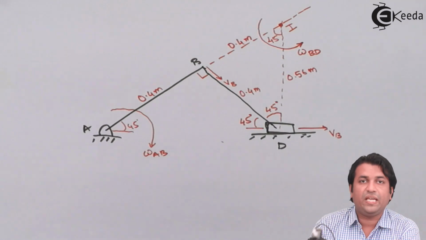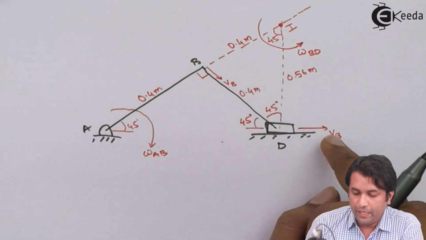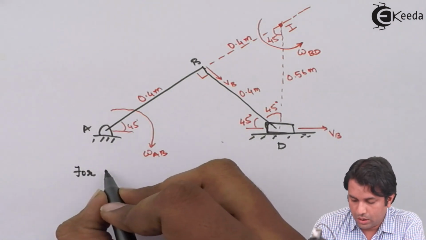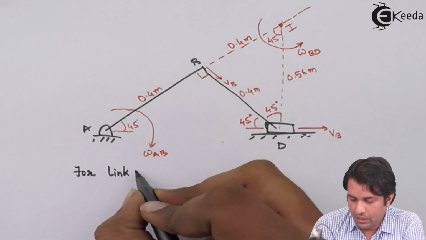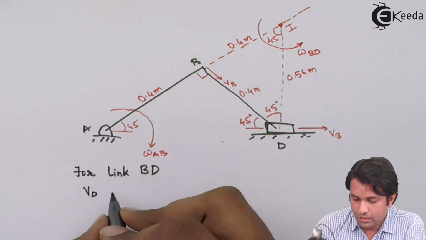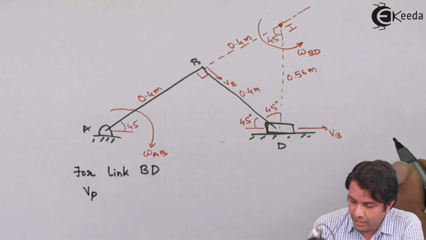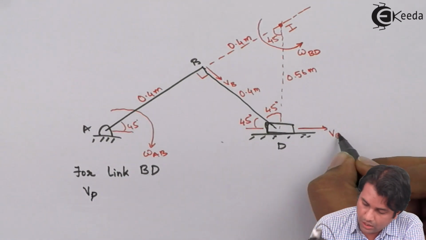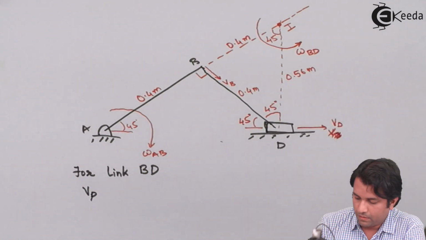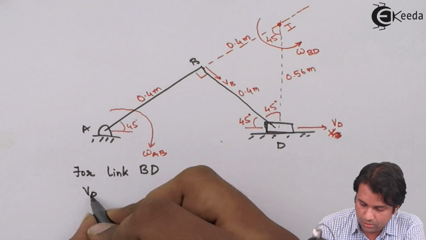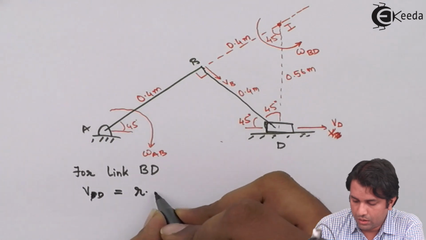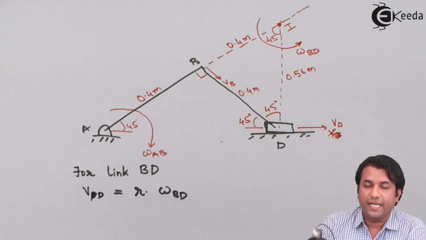Now applying the same formula, that is V equal to R omega, for link BD, it has to be VD. I've written VB by mistake. It is VD. So I'll just change over here. VD equals R omega BD.